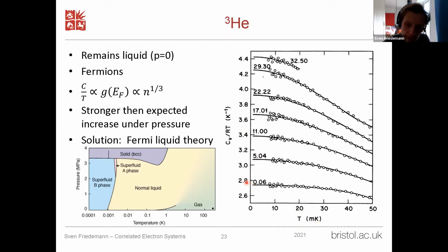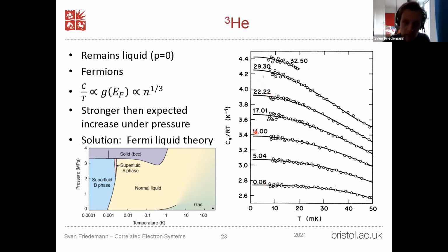So this intercept is a direct measure of the Sommerfeld coefficient. It should increase initially, but then become a very weak function of the particle density. Now, pressure will, of course, increase the particle density, and we would expect this to rise not as much as it does here.